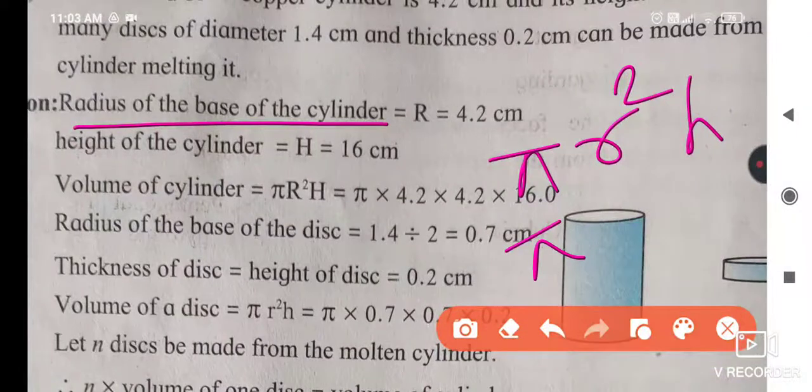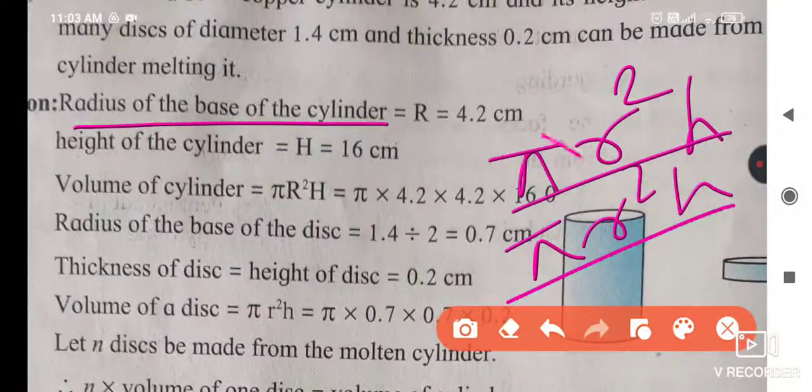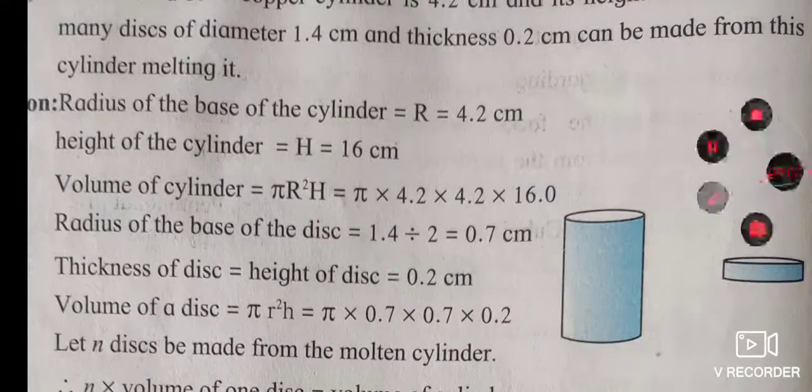For that, we have to use this formula differently: for the cylinder we will take the capital R, and for the disc we will take the small r. And for the height also, if we take the capital H as the height of the cylinder, then we will solve it properly.